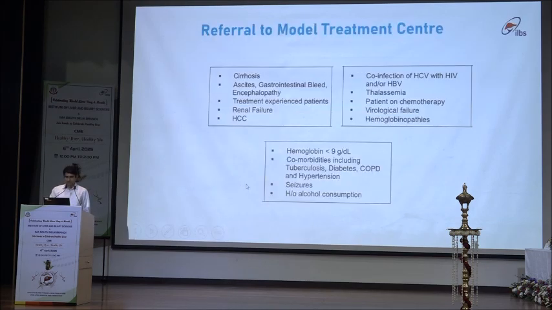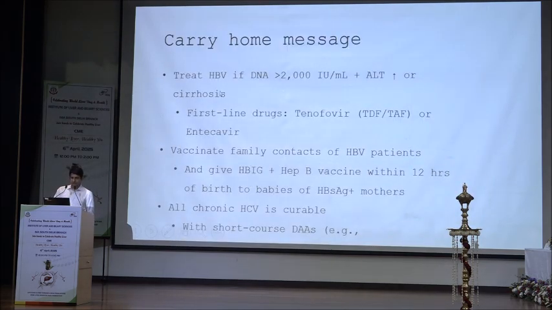So, carry home messages. Treat hepatitis B virus if DNA is more than 2000 international units plus high level of ALT or there is presence of cirrhosis. First line drugs for treatment of hepatitis B virus are tenofovir or entecavir. Vaccinate the family contacts of hepatitis B virus patients after exclusion of hepatitis B virus infection in them.